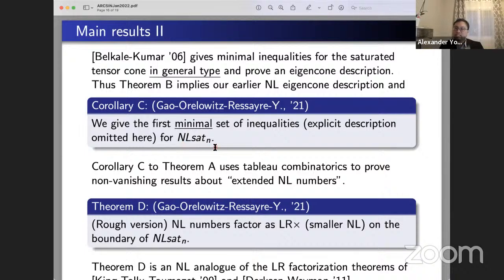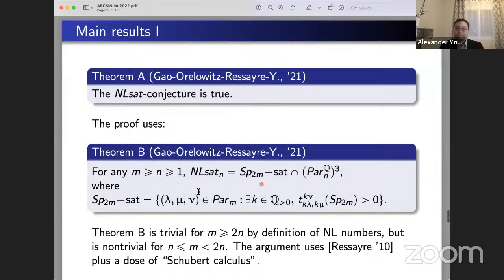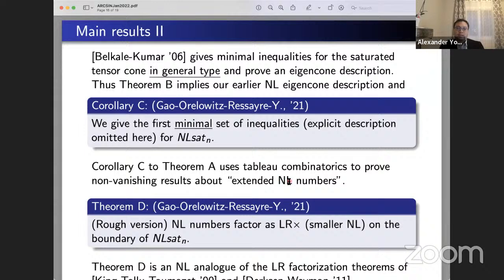Belkale-Kumar doesn't imply our theorem immediately because you need to know this relation. And from those minimal inequalities, we can obtain those crazy inequalities that we had, using some pretty heavy lifting in tableau combinatorics, which I won't make you see.